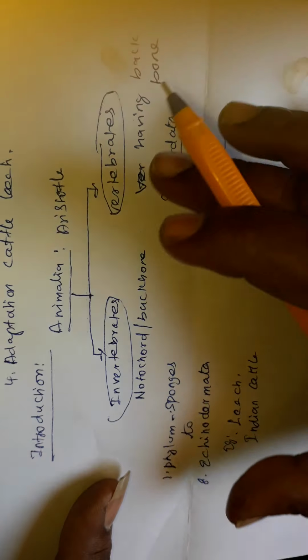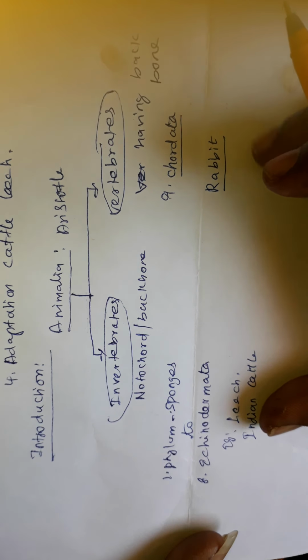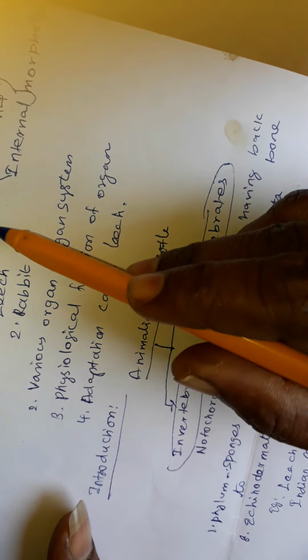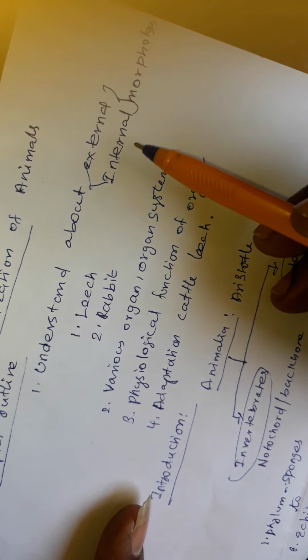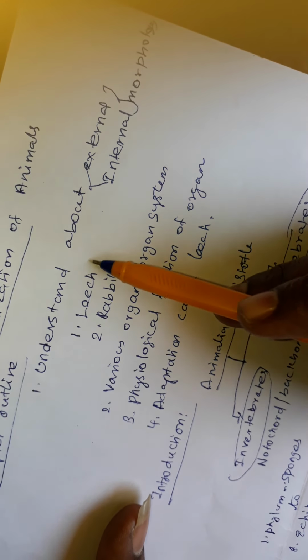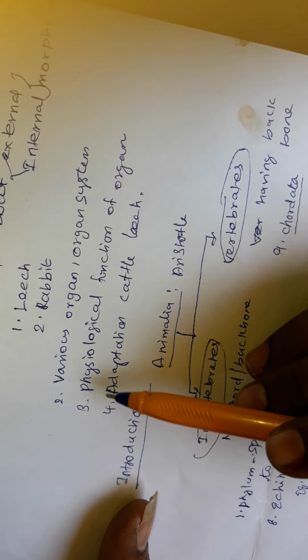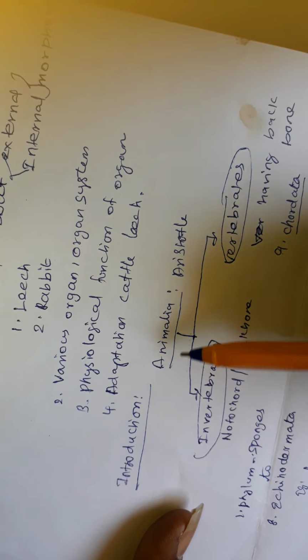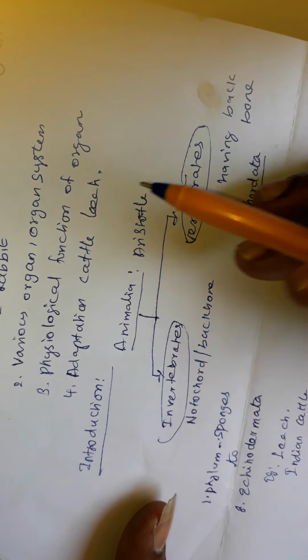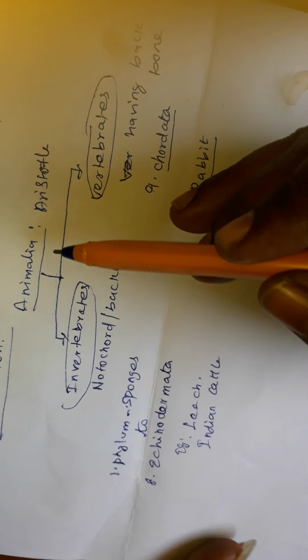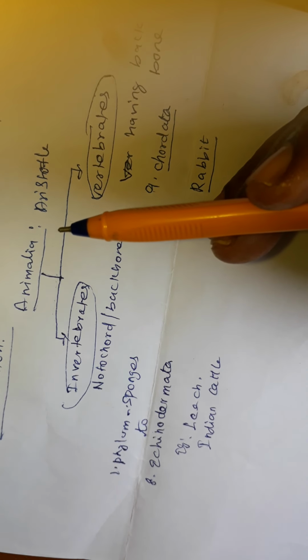So generally there are two areas we learn in this lesson: understanding the external and internal morphology of the leech and rabbit, the various organs and organ systems, the physiological function of the organ systems, and the adaptations of the cattle leech and rabbit.